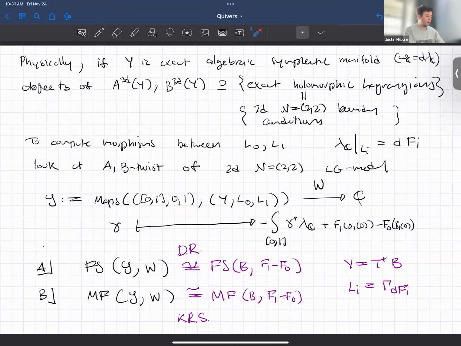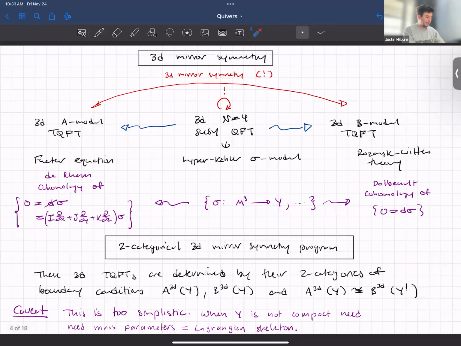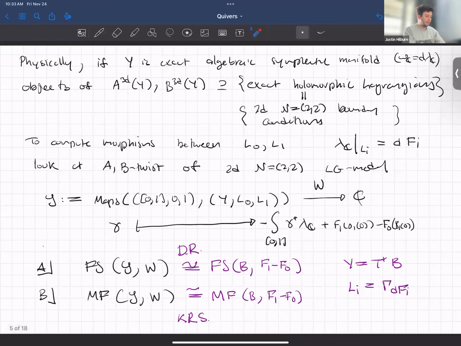Now, I wanted to get a 2-category out of this, either for the A twist or the B twist. The way that you find that 2-category is you just take this 2D LG model and do the 2D A or B twist.